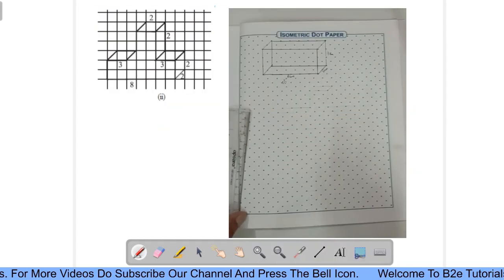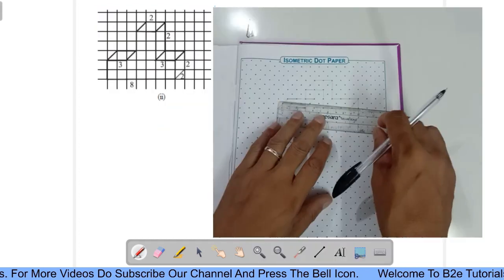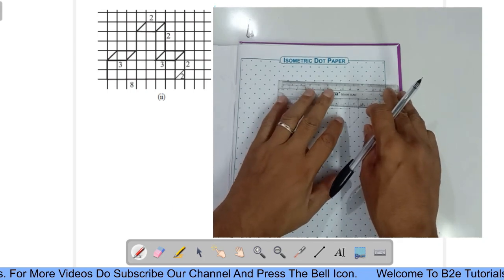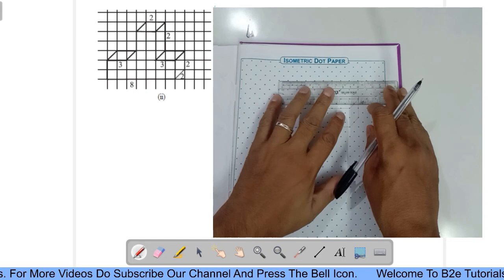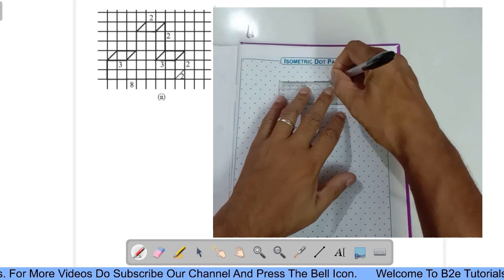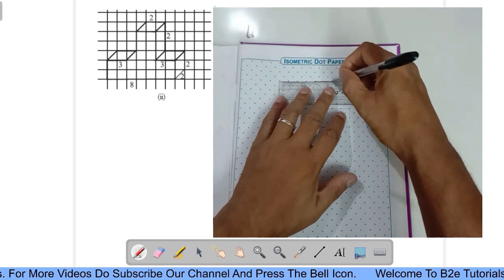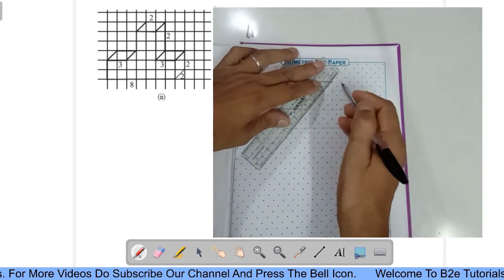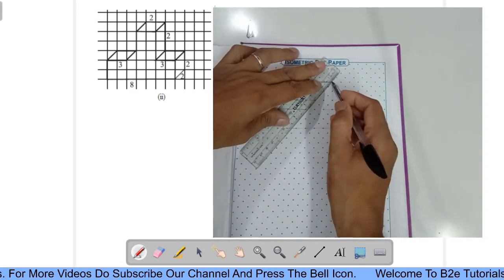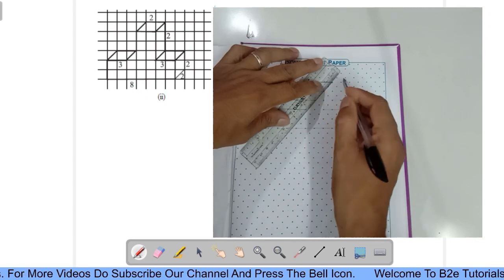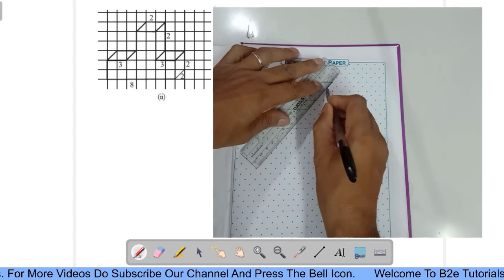Now come to the second part. Here you have to draw an isometric figure. Here let us take 2 centimeter, that is 2 dots, join like this. Then again you have to take 2 centimeter, 2 points, that is 1 and 2.